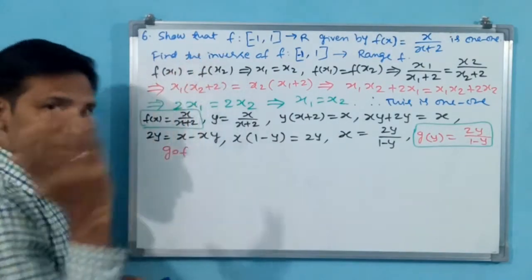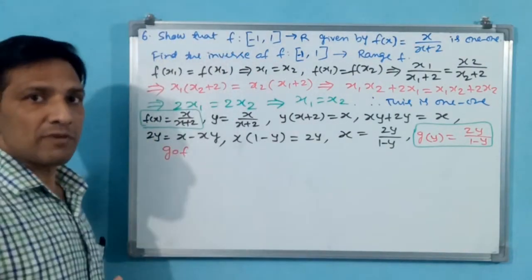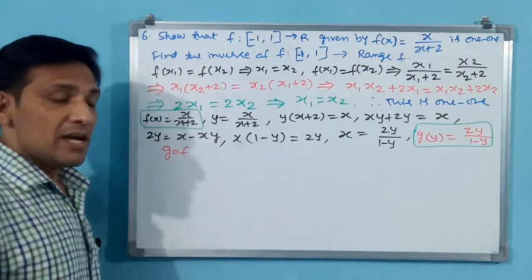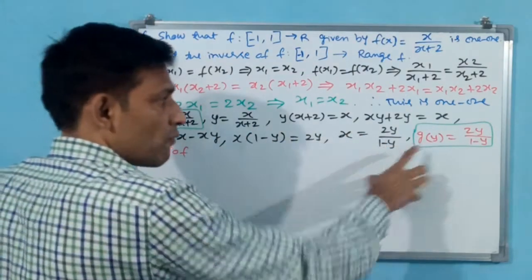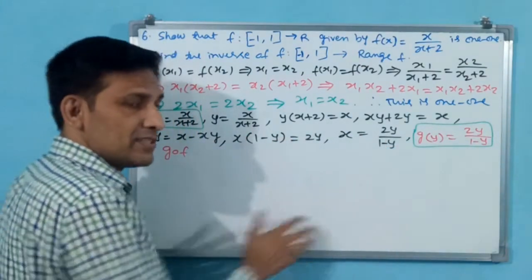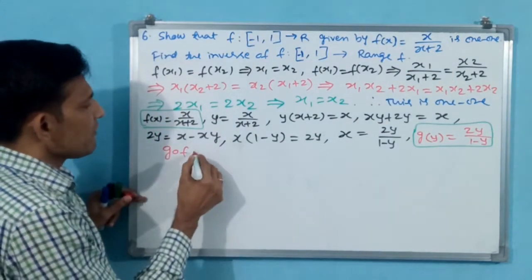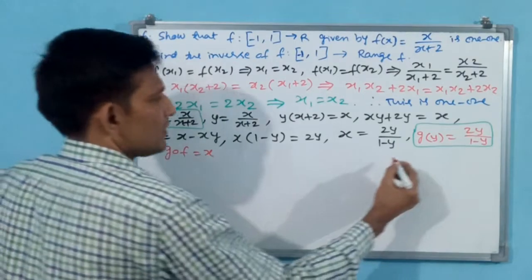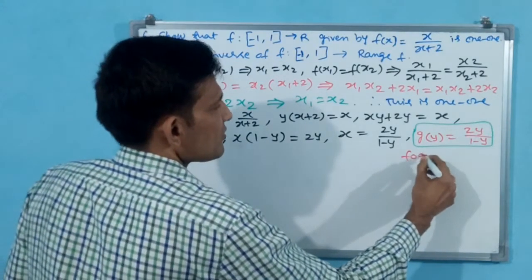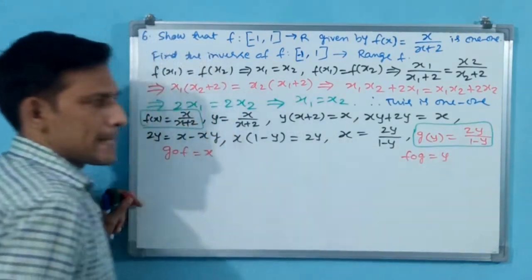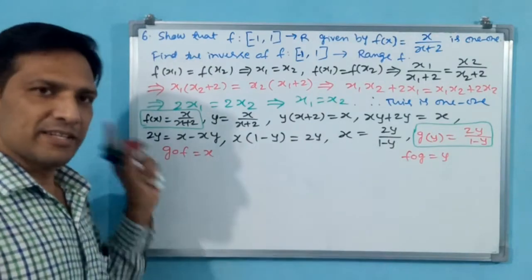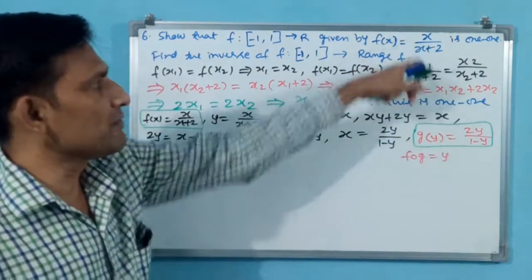But we are seeing whether g of y is the inverse. gof is equal to x you have to prove, fog is equal to y you have to prove. If both are there, then invertible, and g is going to become the inverse.